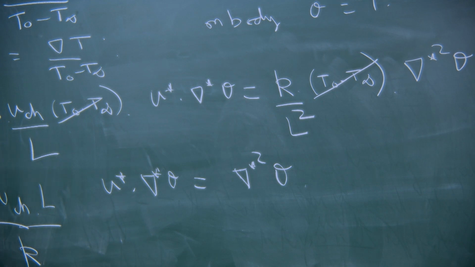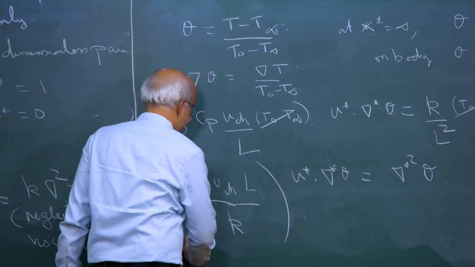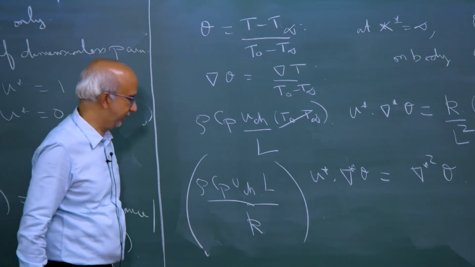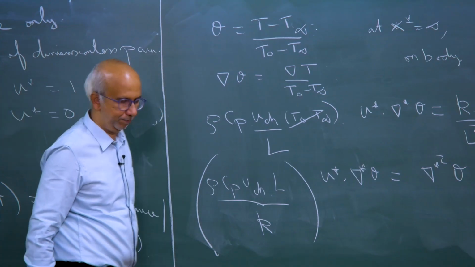This is what I am getting. So, I can write this is a dimensionless group now, which contains some of the thermal parameters, specific heat and thermal conductivity and all that.